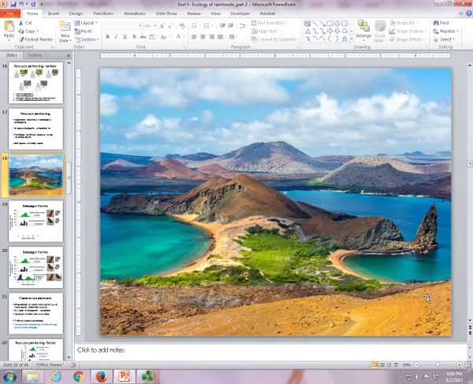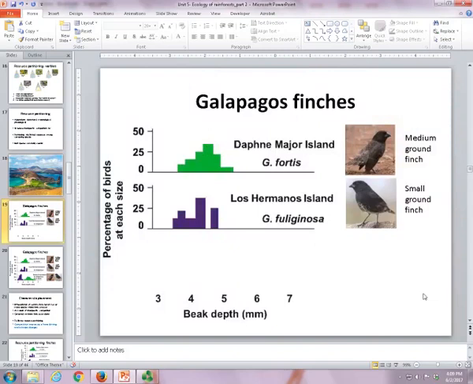And the next example that we are going to be talking about is actually from Galapagos Islands, and it's part of ECON. Okay, so you may have heard of Darwin's finches, and sometimes we call them Galapagos finches. There's 13 species, and in this case, we are going to focus on two different species, medium ground finch and the small ground finch. And we are talking about three different islands.